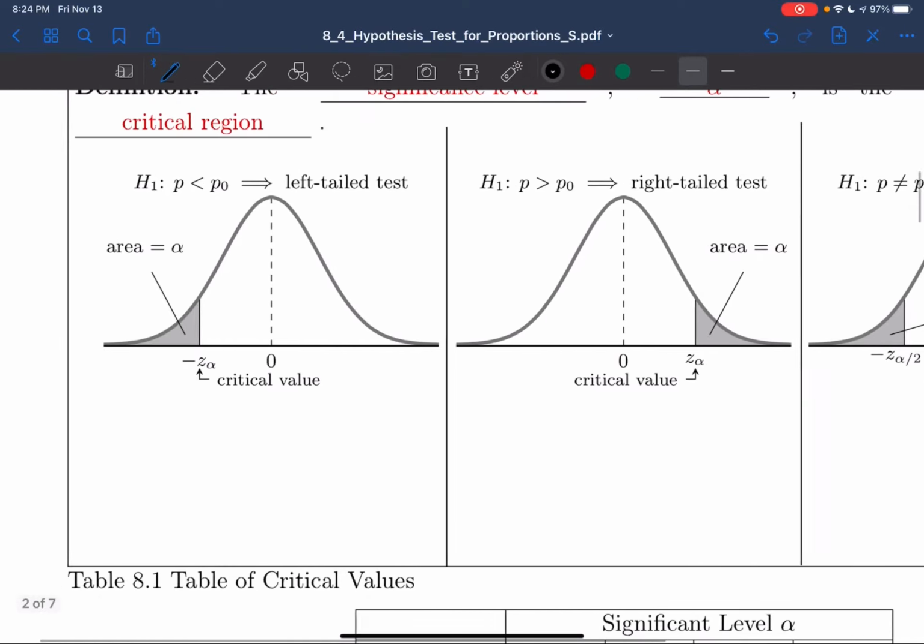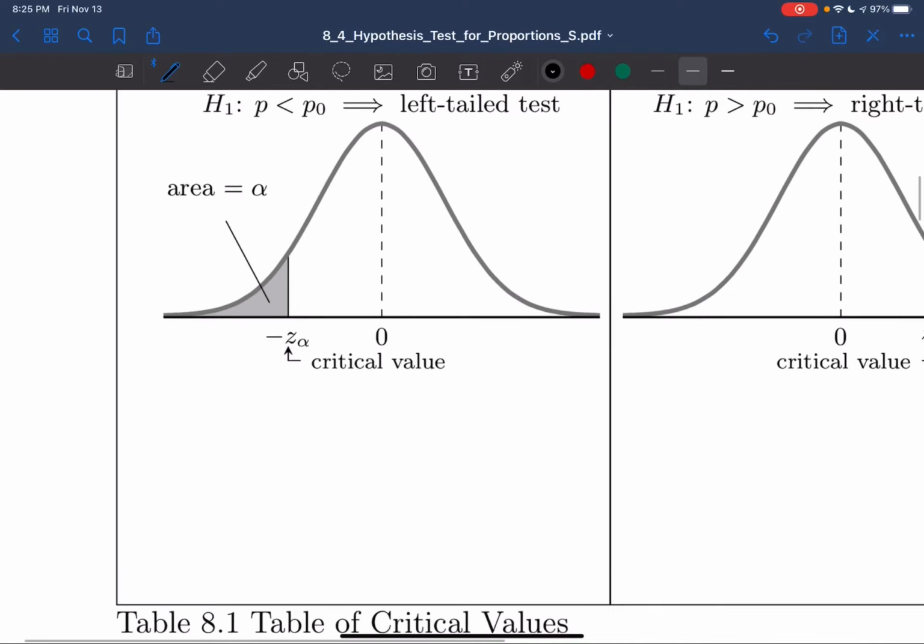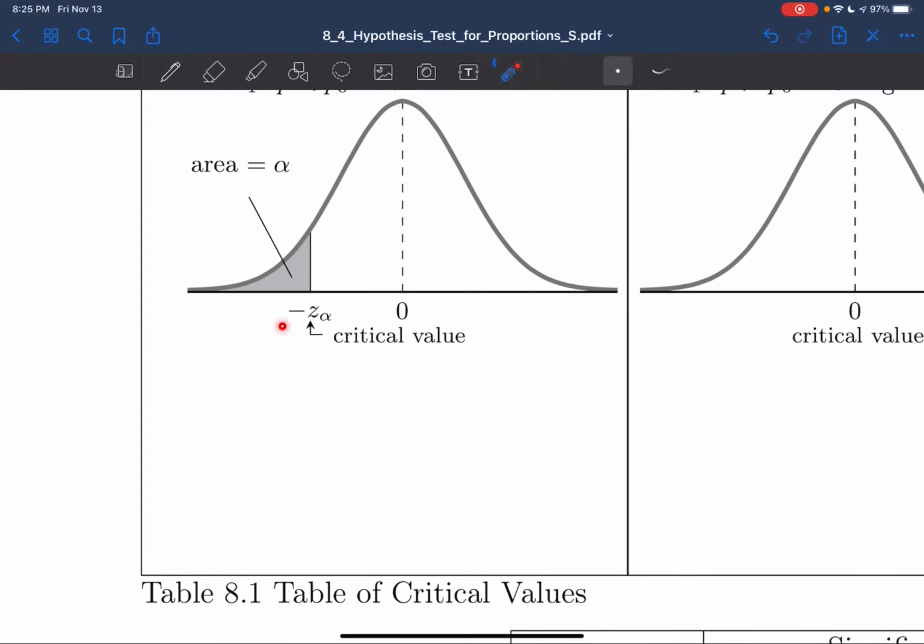Depending on whether you're working with a left tail, right tail, or two-tailed test, your critical value will be different. Here, your critical value will be negative z sub alpha, and your critical region will be the area to the left of that critical value.